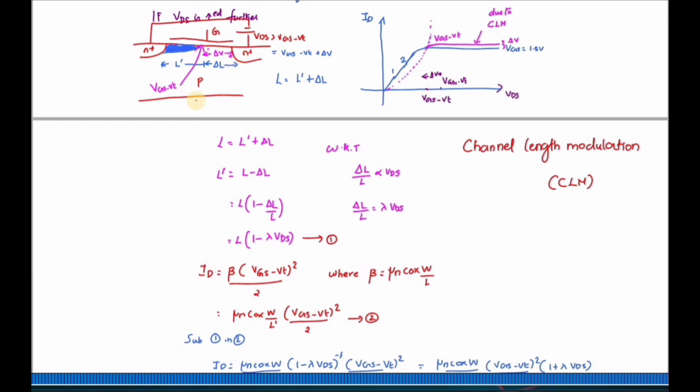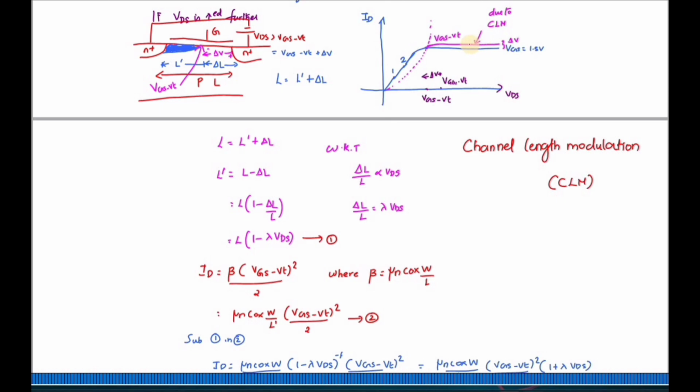Originally my channel length is L. Since I have increased the value of VDS, the channel length gets reduced to L bar. So I can write L bar is equal to L minus del L. This is the VA configuration. If I increase the VDS further, instead of this blue line, I am going to get this pink line.